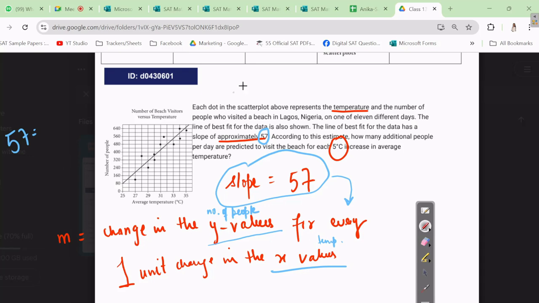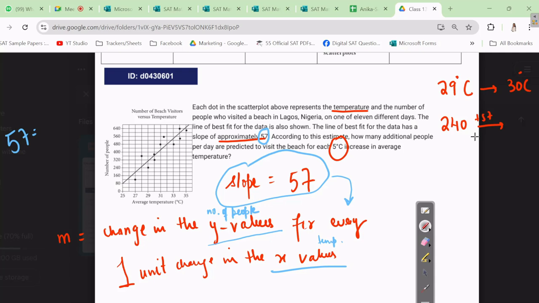Does that make sense? For example, let's say right now the temperature is 29 degrees Celsius and there are, let's say, 240 people, and if the temperature increases by just 1 degree, from 29 degrees it becomes 30 degrees, you will see there will be 57 more people.